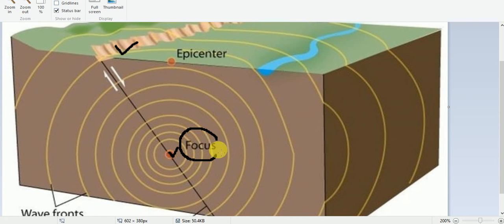The point where the earthquake originates is called the focus, and it is also known as the hypocenter. And the point just above the focus on the earth's surface is known as the epicenter.